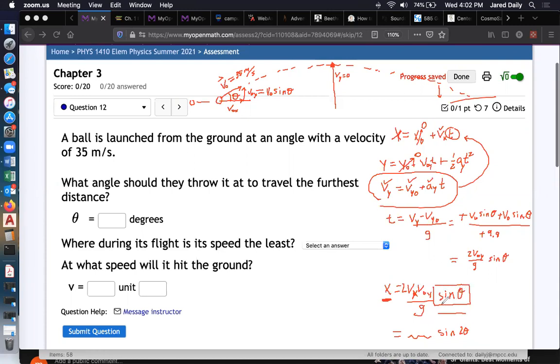And the sine is at its largest value when it is equal to 1, and the sine is equal to 1 when the argument inside the sine is equal to 90. Right. And so it should be 2 theta equals 90, and theta equals 45.